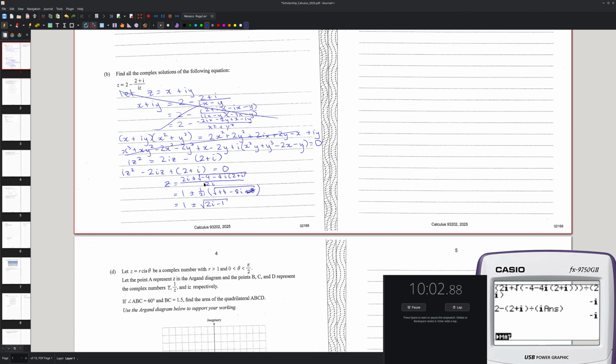And then what's the other one? Oh wait, this one doesn't have. Okay. Wait, so it's just i then. It's just i. Wait, what's the square root of 2i minus 1?